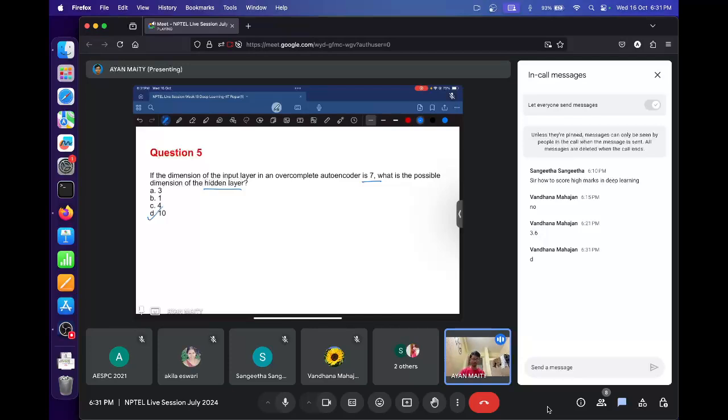In an overcomplete autoencoder, the number of units in the hidden layer is more than the number of units in the input layer. Here the input layer contains 7 units, so the only option which has more than 7 units in the hidden layer is option D, 10. All the other options, 3, 1, 4, are less than 7, so those cannot be correct.